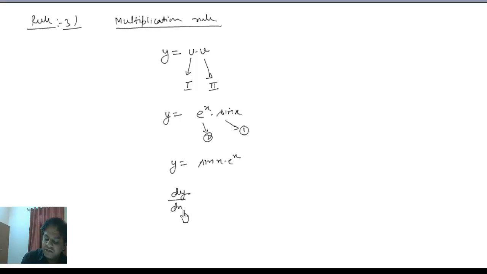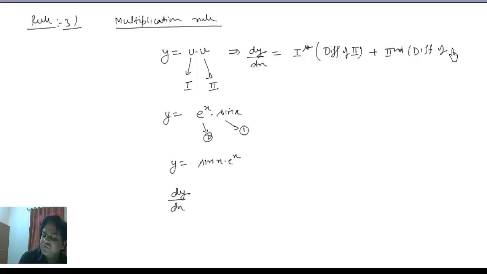Now if I have to differentiate this, then the differentiation of multiplication of two functions is simply given as: keep the first function as it is, without any differentiation or anything else, then differentiate the second function, plus keep the second function as it is and multiply it by the differentiation of the first function.